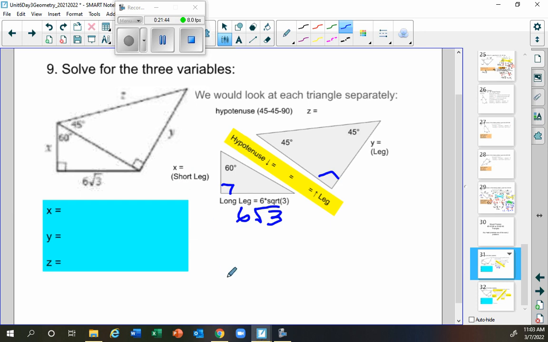Now, we're going to have to use one of the previous, maybe with the previous problem. So we're going to have to look at the relationship between the short leg and the long leg.